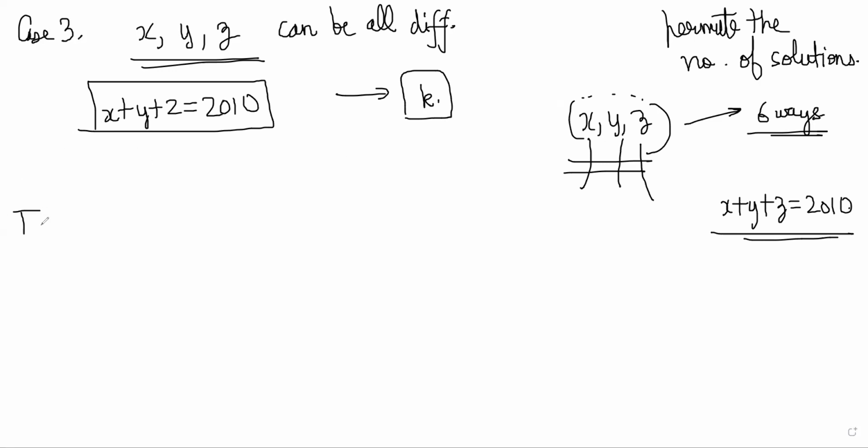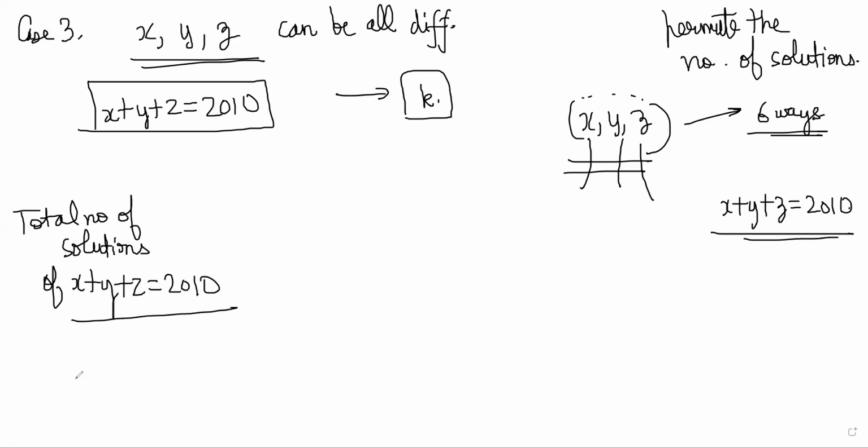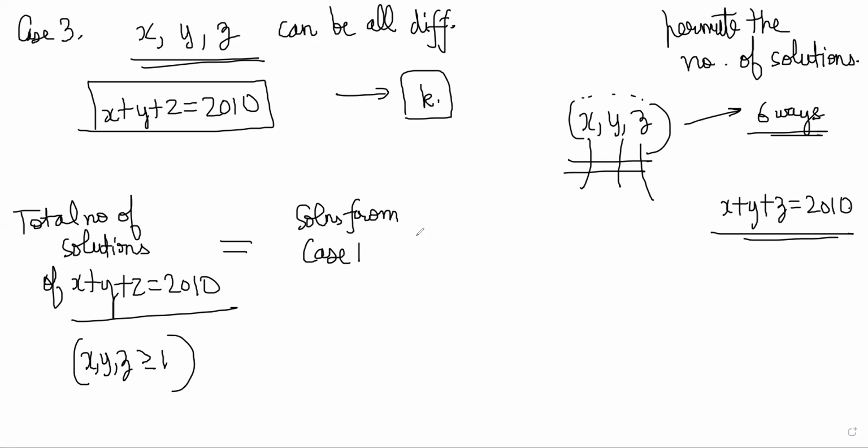So the total number of solutions of the equation x plus y plus z is equal to 2010, where all of x, y, and z are greater than or equal to 1, should be equal to solutions from case 1 plus solutions from case 2 plus solutions from case 3.